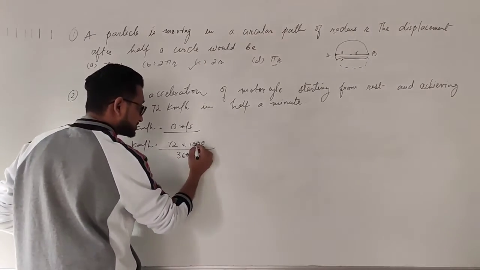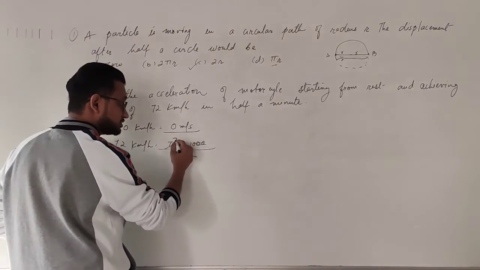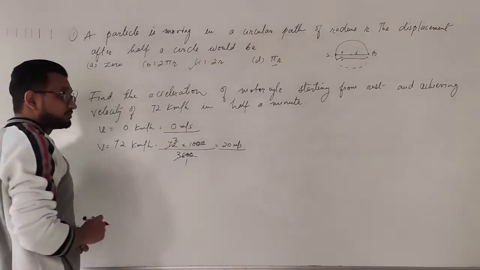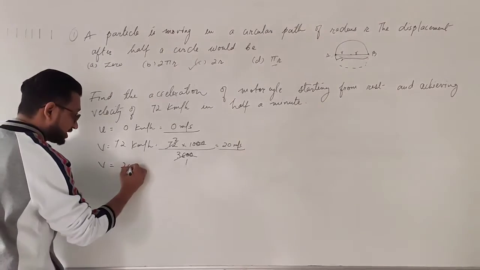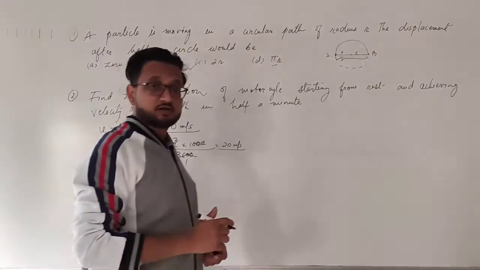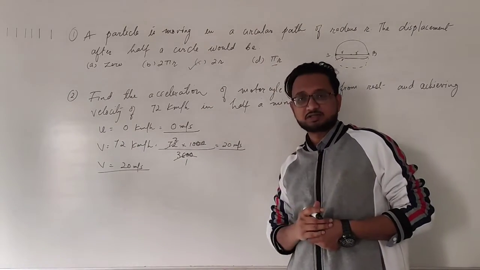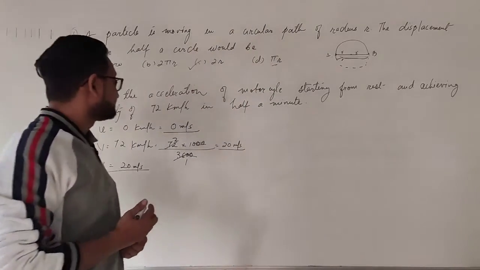I will remove these 2 zeros. 36 1s are 36, 36 2s are 72. So 2 into 10 becomes 20 meters per second. So now the final velocity v is 20 meters per second in terms of meters and seconds, converted from 72 kilometers per hour. I hope this is clear to you, students.